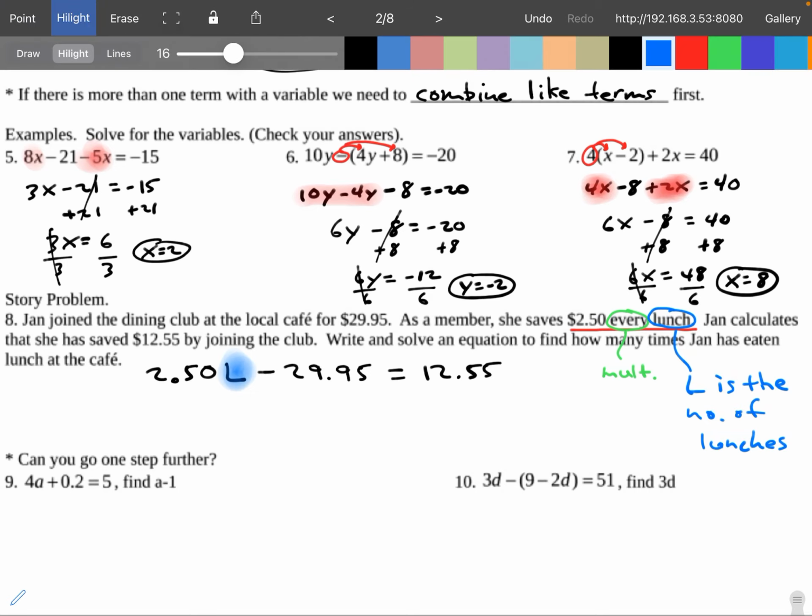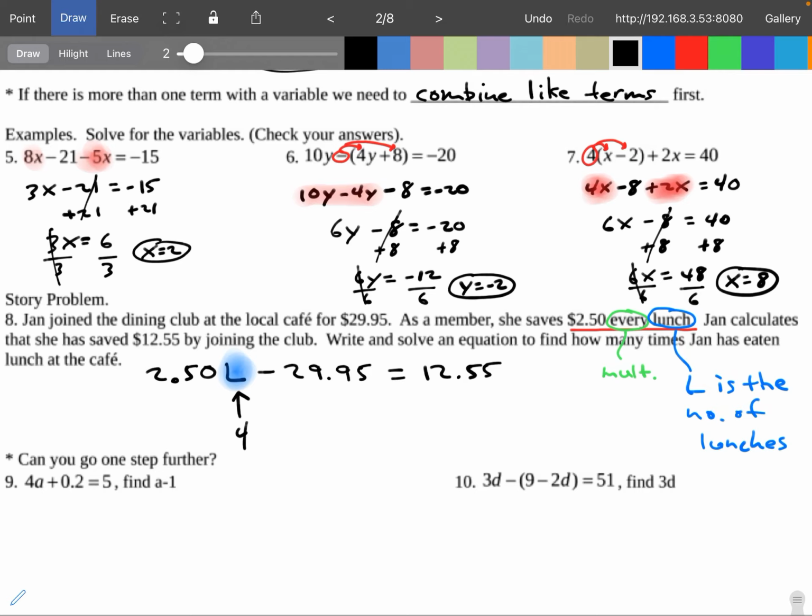Let's just say 4. So just for a second, let's pretend that L right there was a 4. So after 4 lunches, she's going to save $2.50 times 4. So that's $10, right? So after 4 lunches, she has saved $10.